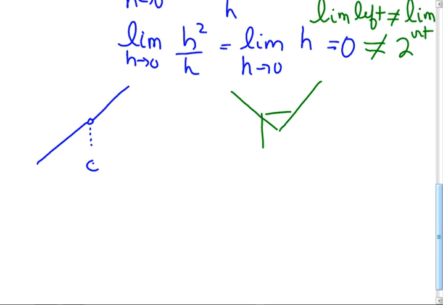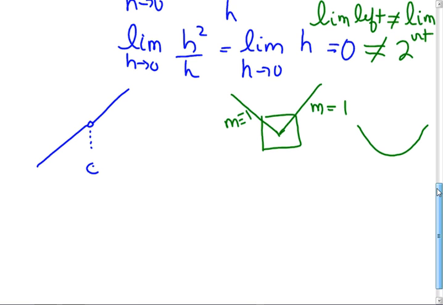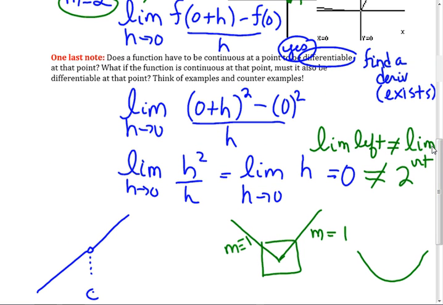If you zoom in on this corner here, you keep getting a corner because the slope on the left is -1. The slope on the right is +1. They're never going to be equal. They have to be smooth to be differentiable. So the answer to that question is, must it also be differentiable at that point? No.